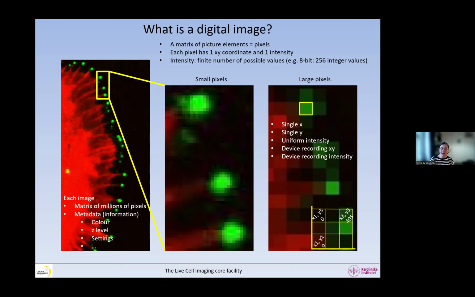Why? If you do not use the original format that the manufacturer recommends, you have a high risk of losing the metadata. You keep the pixel information, the X, Y, and intensity, but you lose the metadata. And the metadata is very important for you to come back to the image later and be able to say which objective you used, which filter was set, at which Z level you were, and everything.